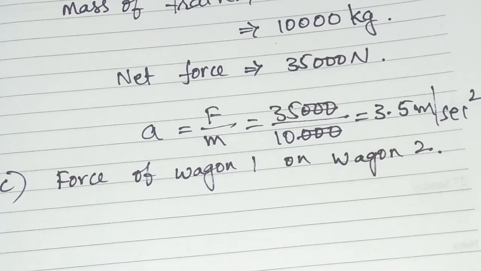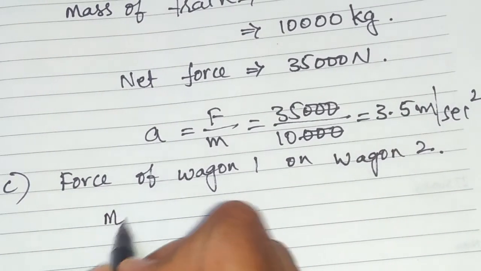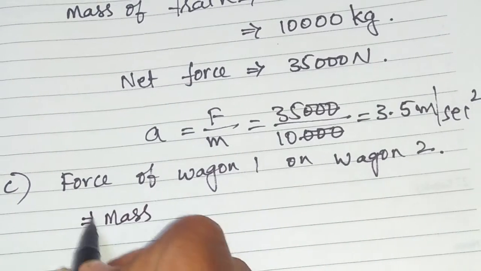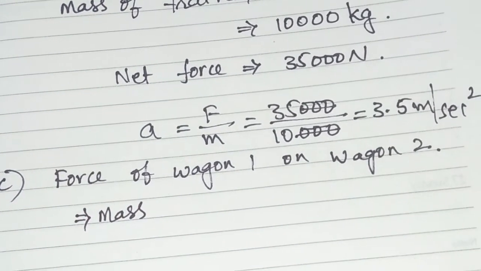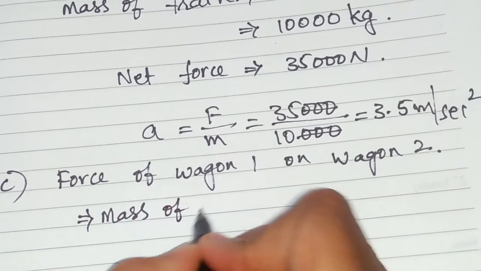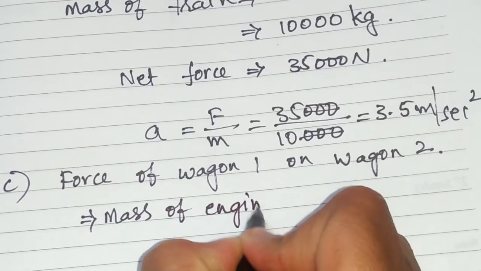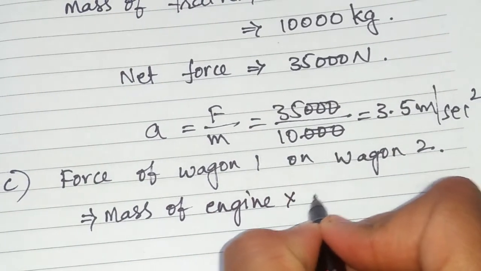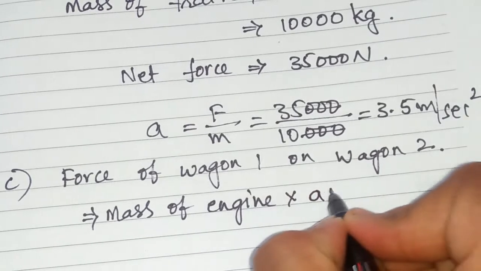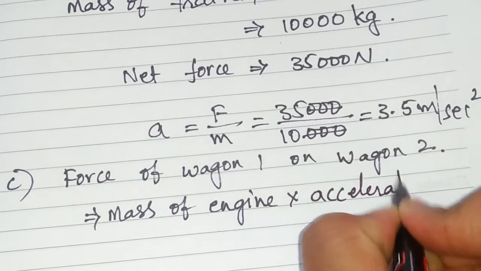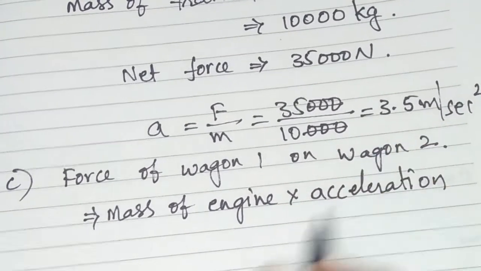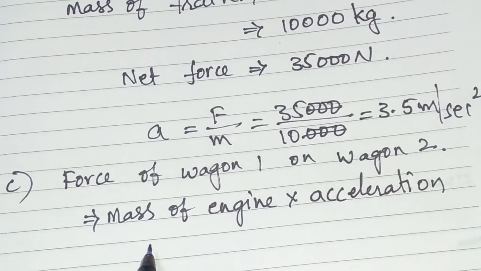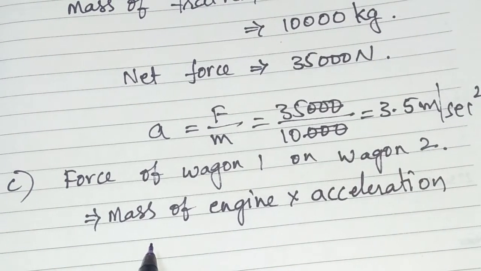We have to find it out by the mass of the engine. Force we can find out from the m into a formula only, but we are going to find it out from the mass of engine. Mass of engine into acceleration. Acceleration value we already got here. Mass of engine also is given in the question, that is 8,000 kilograms.